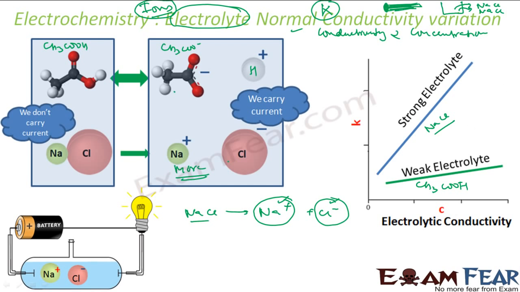The catch is with the weak electrolytes. If you have CH3COOH, it is in equilibrium with CH3COO minus and H plus. Thus, if you see, there is an equilibrium sign. What it means is, if you have a dilute solution, then the percentage dissociation is more.